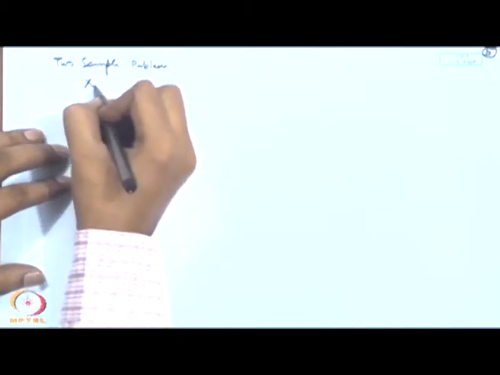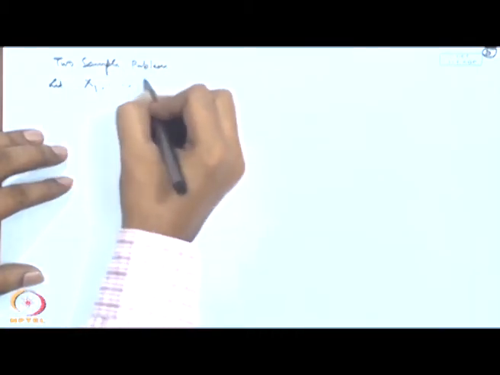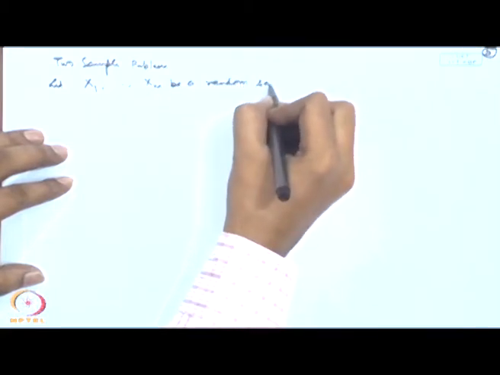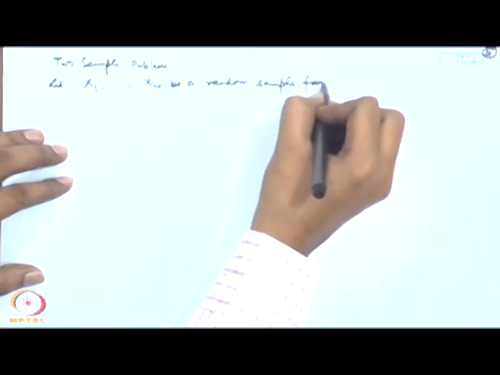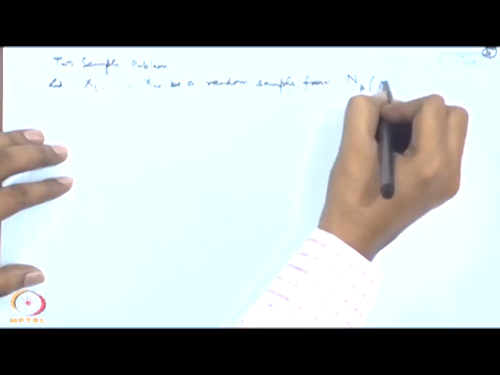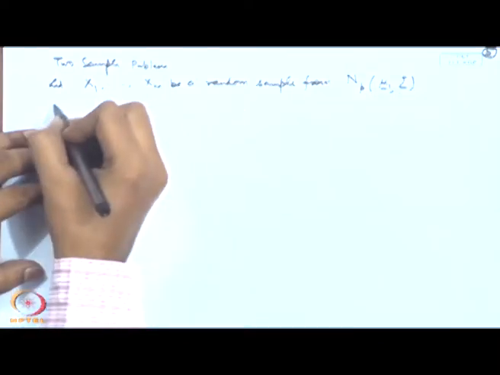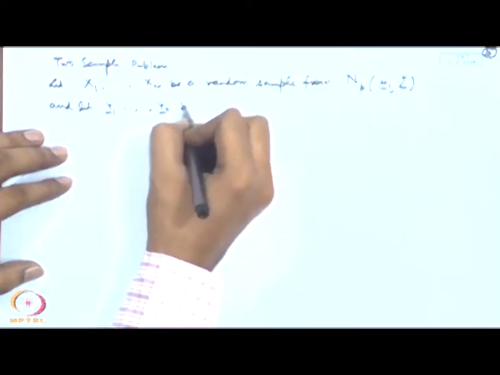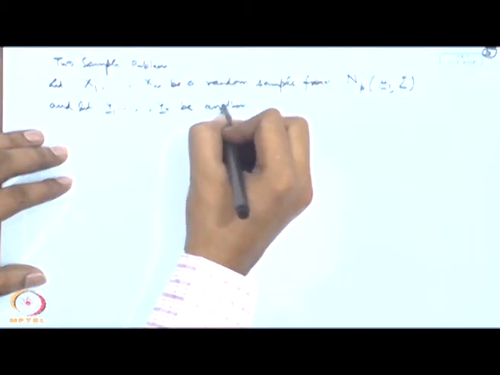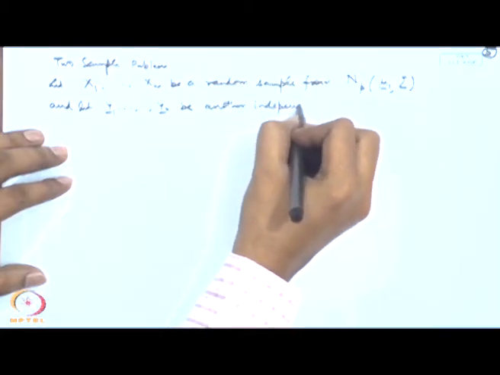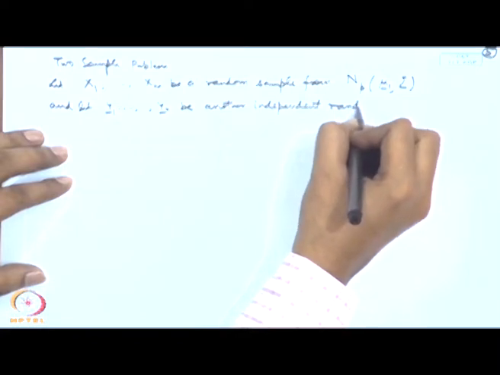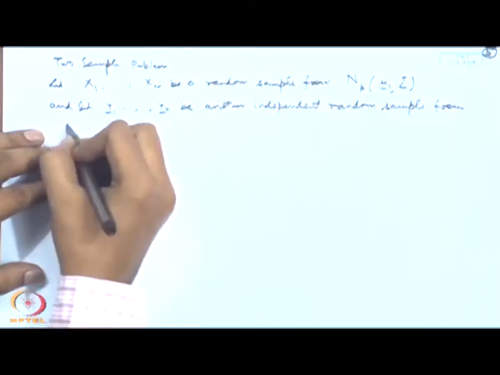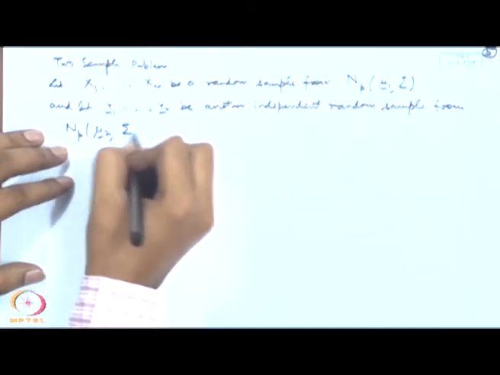So, let me consider the two sample problem. Let x 1, x 2, ..., x m be a random sample from N p(mu 1, sigma) distribution, and let y 1, y 2, ..., y n be another independent random sample from N p(mu 2, sigma) population.